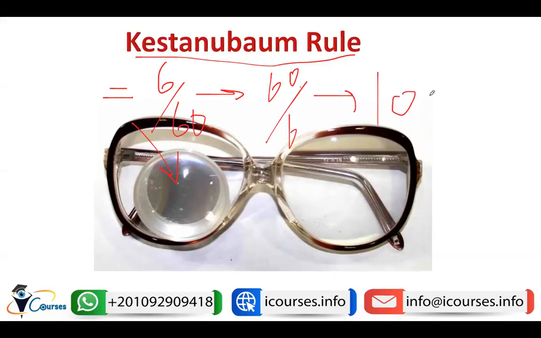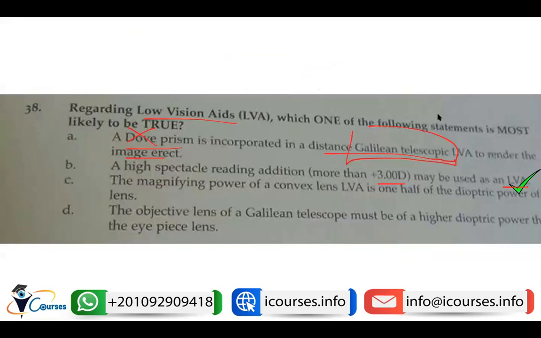So putting a high plus lens in front of his eyes like this will cause magnification of the image and will assist him in order to see the near targets more clearly. So this can be used as a low vision aid. The magnifying power of a convex lens of low vision aid is one half of the dioptric power of the lens.